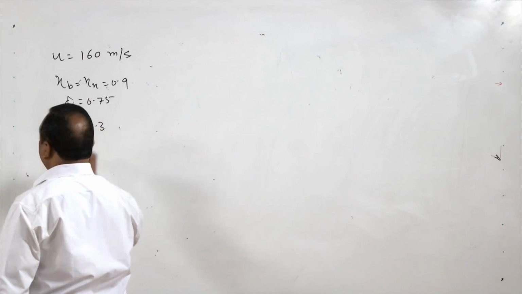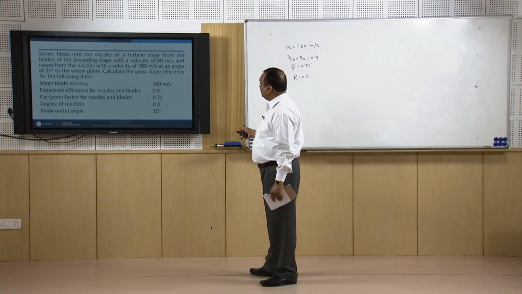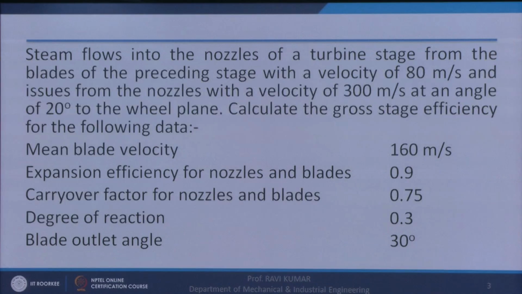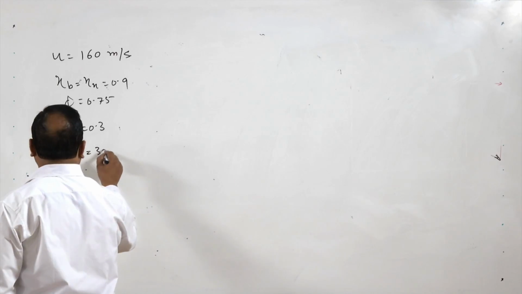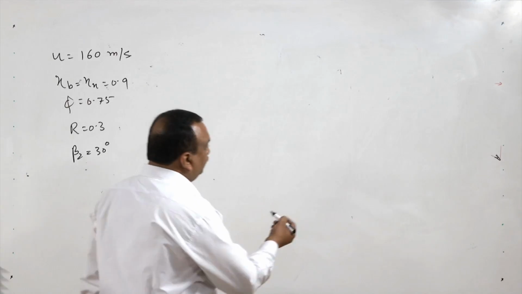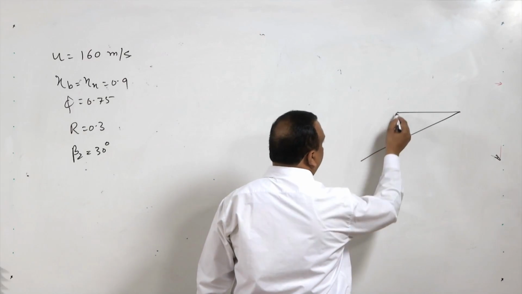This is not a Parsons turbine, because here the degree of reaction is 0.3. So it is a reaction turbine, but it is not Parsons reaction turbine. Blade outlet angle, that is beta 2 is equal to 30 degree. As usual, we will first draw the velocity diagram.